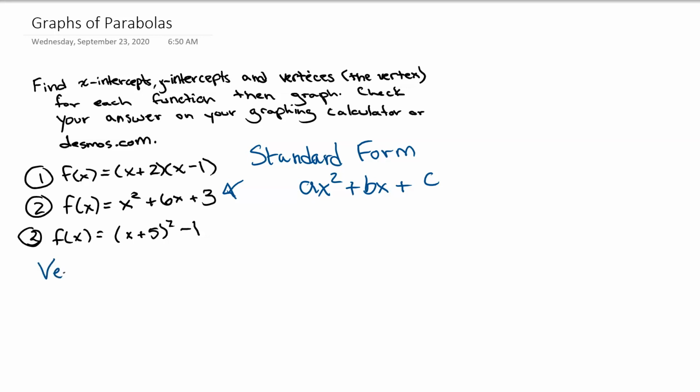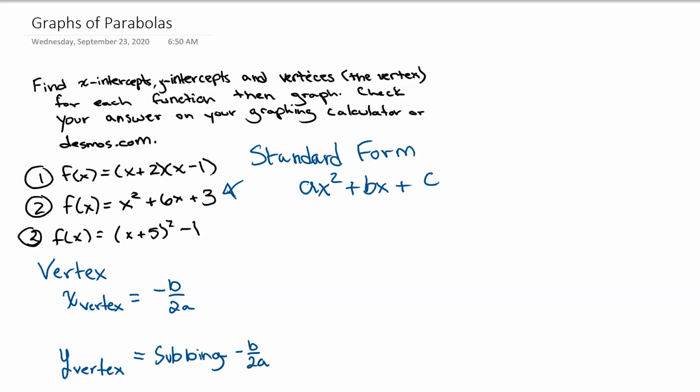So our vertex, we are going to have our x-coordinate of our vertex we get by doing the opposite of b divided by 2a, and the y-coordinate of our vertex we get by subbing opposite of b over 2a, or our x-coordinate of the vertex, into our equation f of x for x.